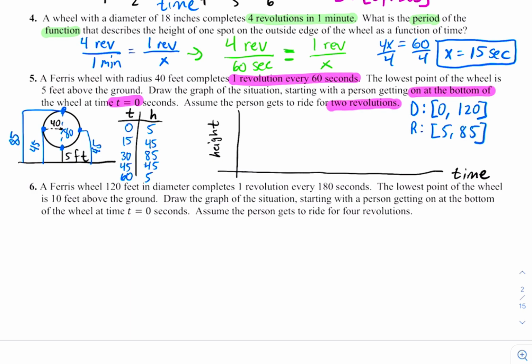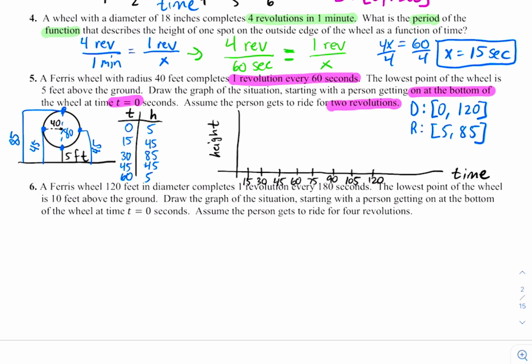Okay. So now I'm going to pick my scale. So I'm going to count by 15s. So this is 15, 30, 45, 60. And then I have to keep counting by 15s until I hit 120. So 75, 90, 105, and 120.